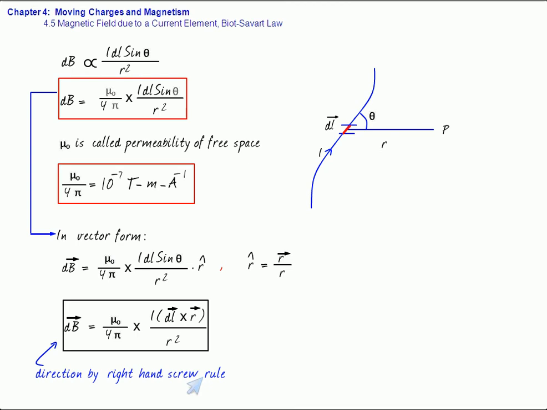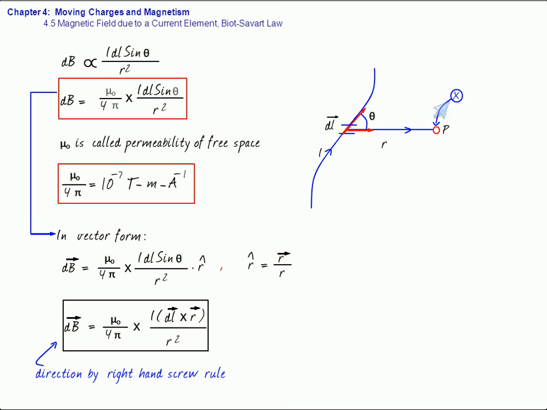So in our figure, what will be the direction of dB? Just see, at point P, dl is directed in the direction of current, making tangent. This is the direction of dl, and this is the direction of r. So what is the direction of dl cross r? If we curl the fingers of right hand from dl towards r, then magnetic field at point P will be inward normal, directed into the plane of this screen, right?